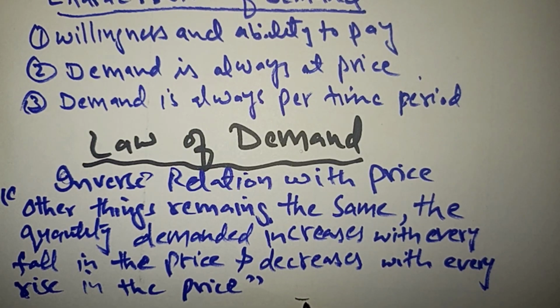For example, if price increases by 50%, demand may decrease by 50%, 40%, 10%, or 5%. So there is no uniform increase or decrease in both.